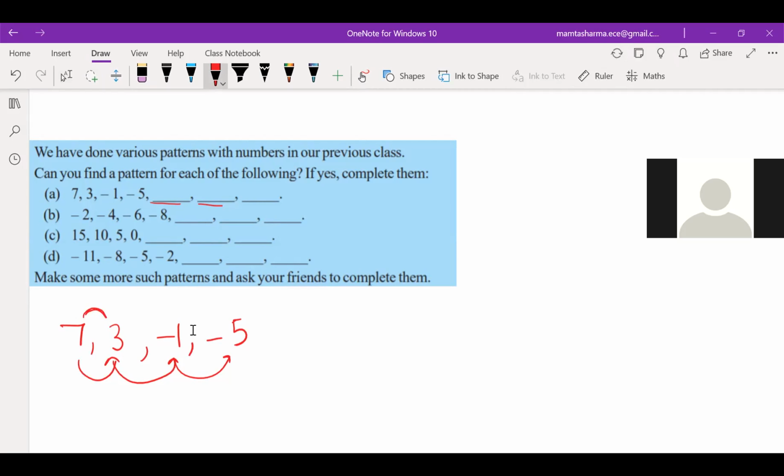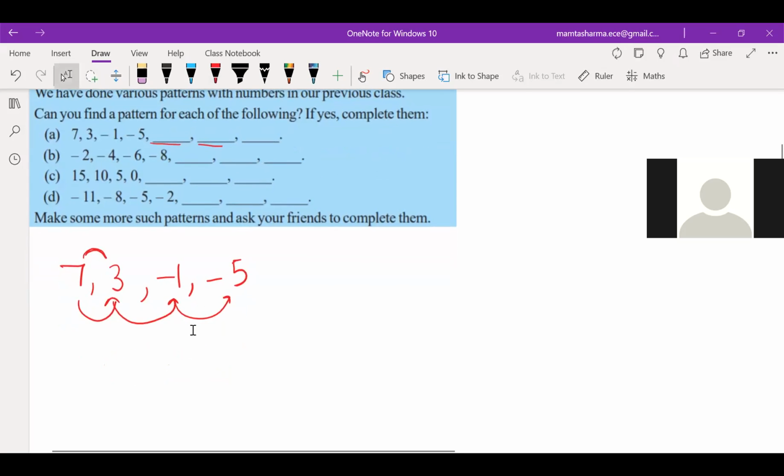I'm not asking about the types of numbers. The difference is 4. What is the difference between 3 and minus 1? Only Aditi will tell.